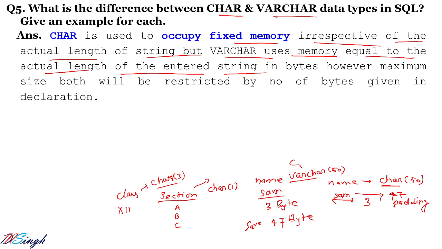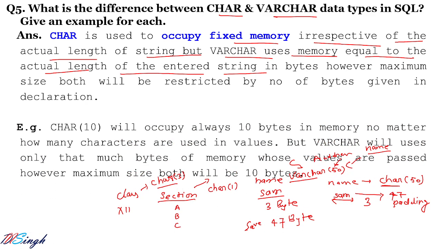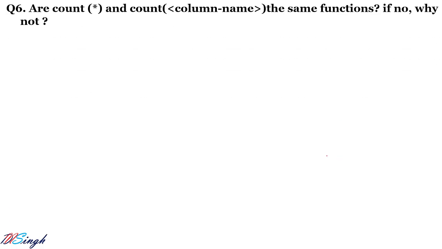Wherever data length may vary, like an address column or name column, in that case we are going to use what? Varchar. I hope it is clear to all of you. Let us move to the next question.